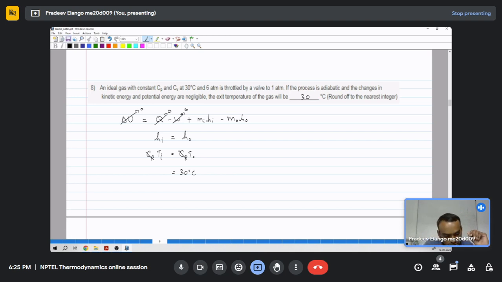So in a general throttling device, in real gas there will be something called Joule-Thomson effect. So if you reduce the pressure, in ideal gas the temperature is constant, but in case of real gas, the temperature will increase to some region and then start decreasing.